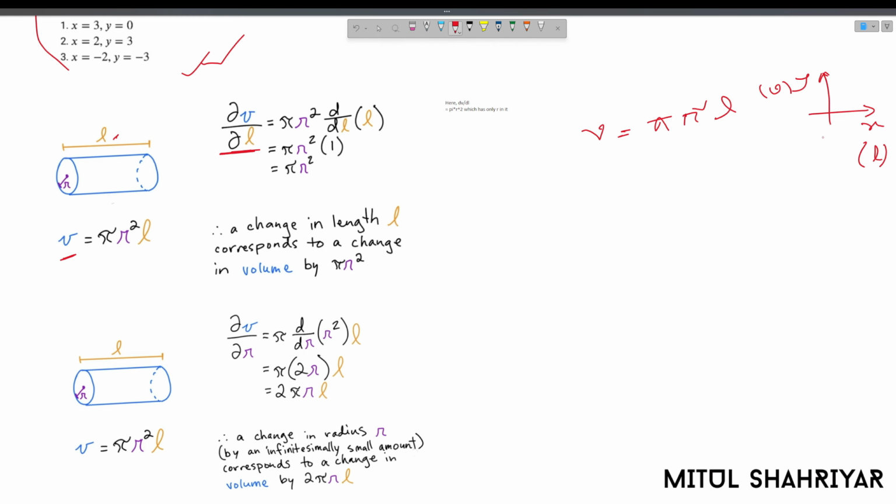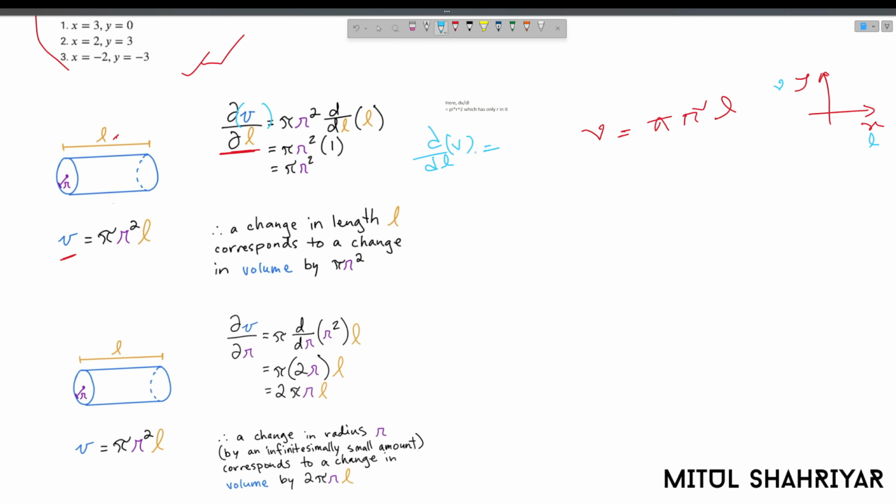So if someone says, if we make changes to x, will that impact y? This is basically what differentiation is, to be honest. So here it is L and y is V, the volume.